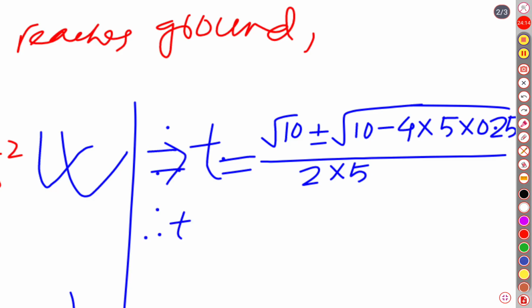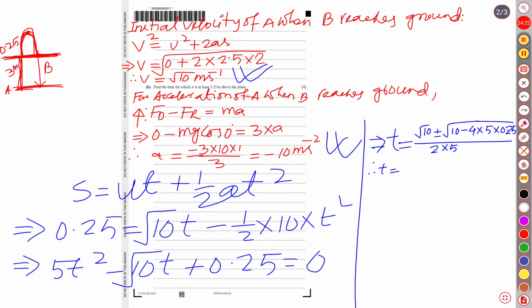Hence t is equal to, if we calculate using our calculator, we will get t equal to (√10 plus or minus √5) over 10.